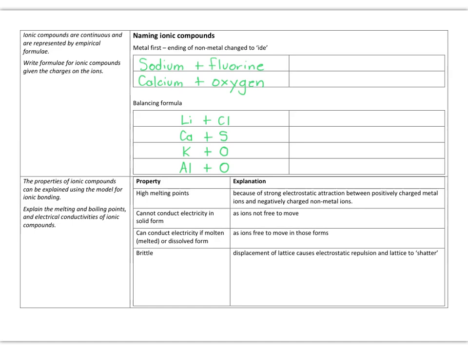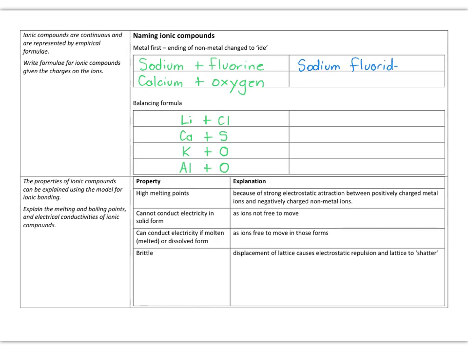So now, just exploring ionic bonding in a little bit more detail. Firstly, the naming of compounds. When we name an ionic compound, we always name the metal first, and the ending of the non-metal is changed to "ide". If we've got sodium and fluorine combining to form an ionic compound, we would call that sodium fluoride.